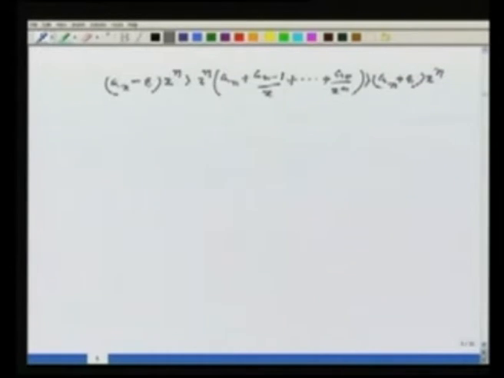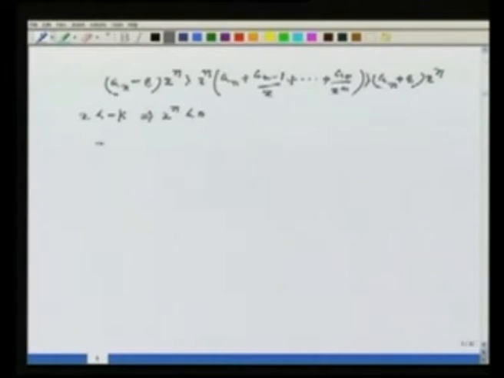Now notice that x less than minus k implies x to the power n is strictly less than 0.